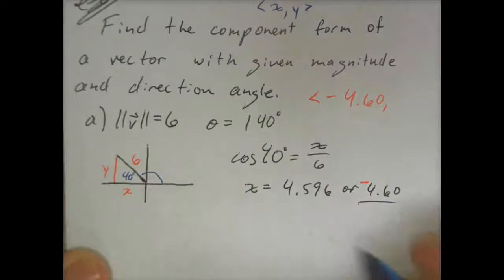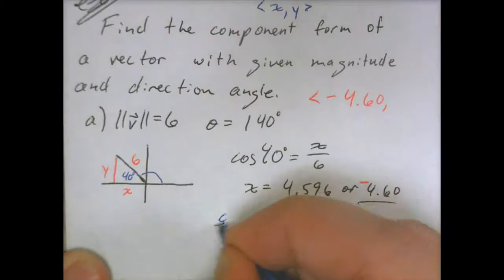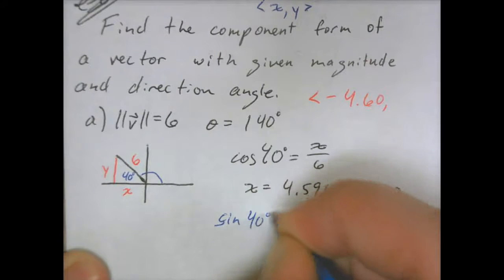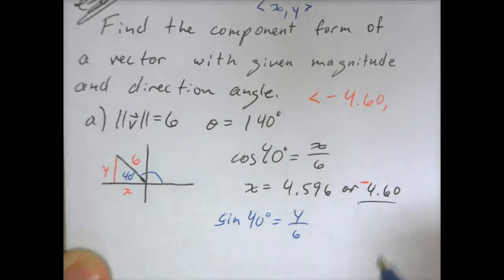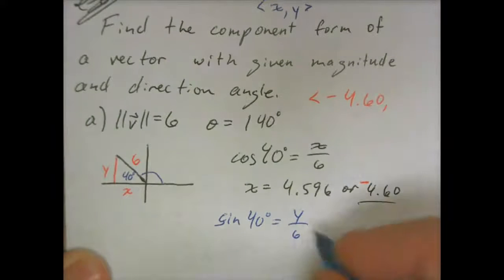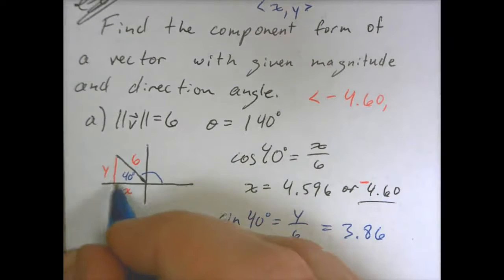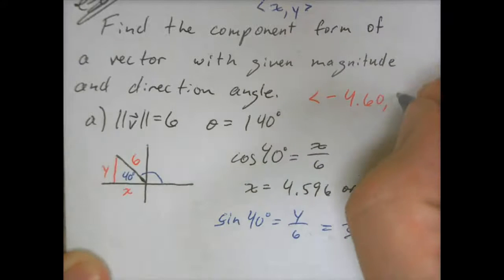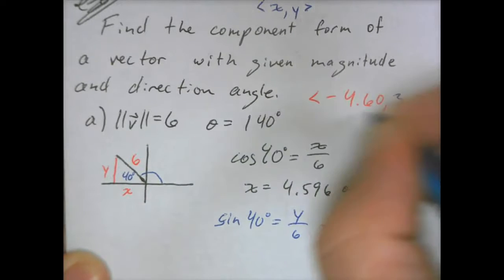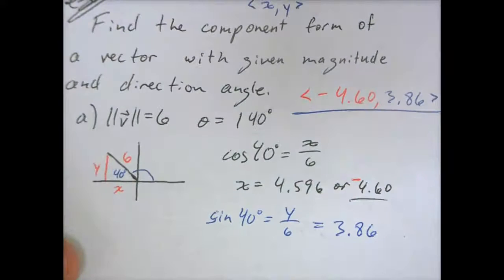And for the y, you can say sine of 40 degrees equals y over 6, so 6 sine 40, 3.86. And again, since it's going up, it will be positive. So 3.86. And there it is.